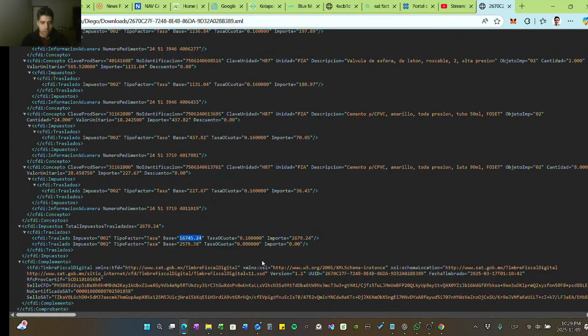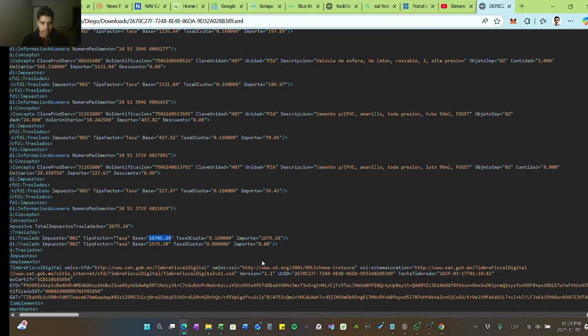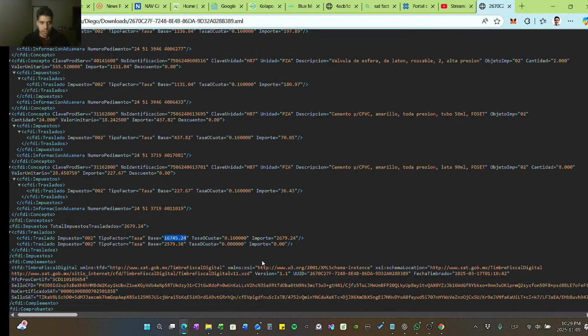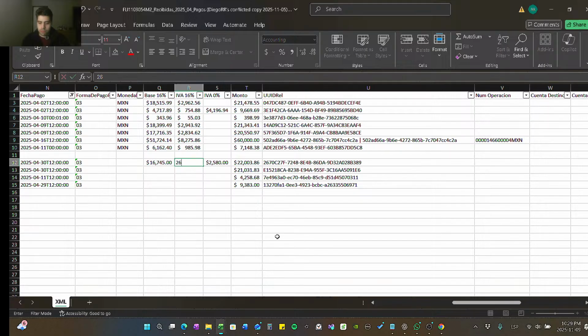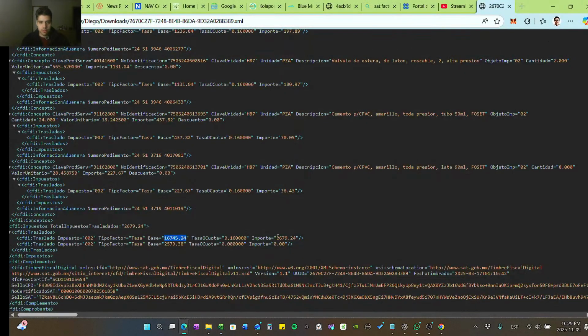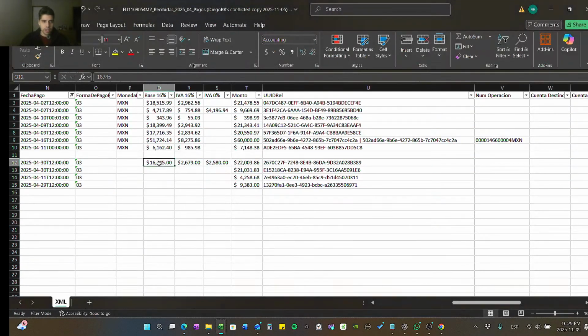And I know that taxes at 16% rate out of 16,745 are 2,679. If we add these three figures, it will give us the total amount. Yep.